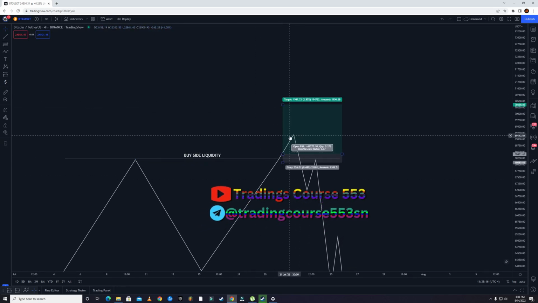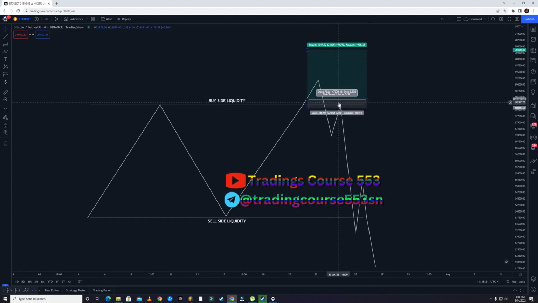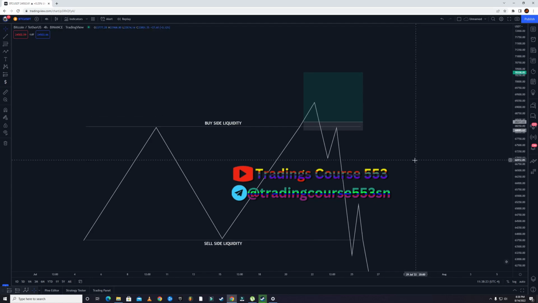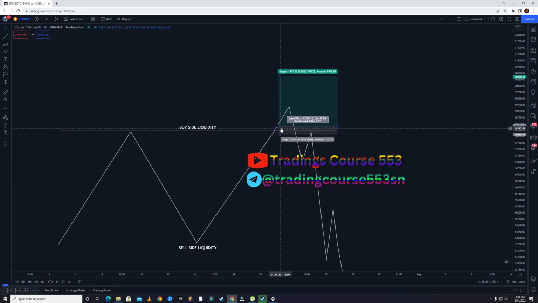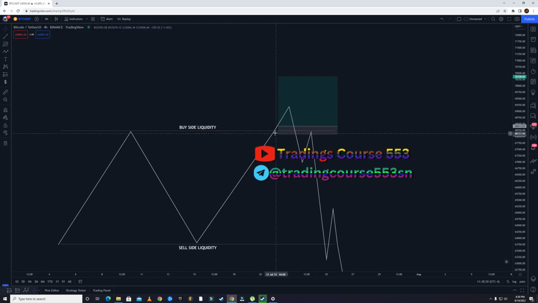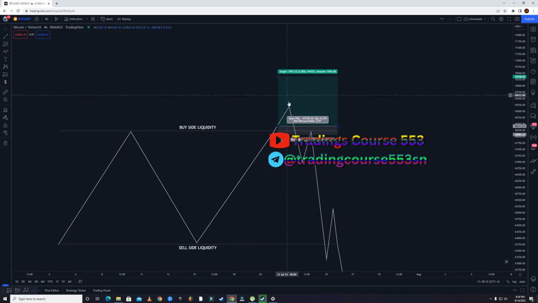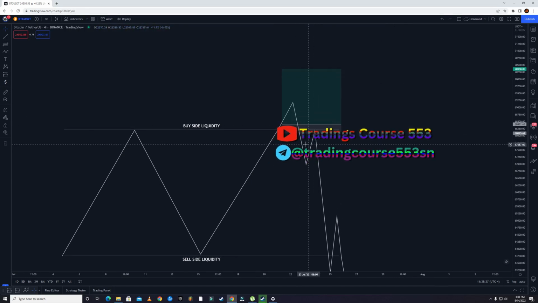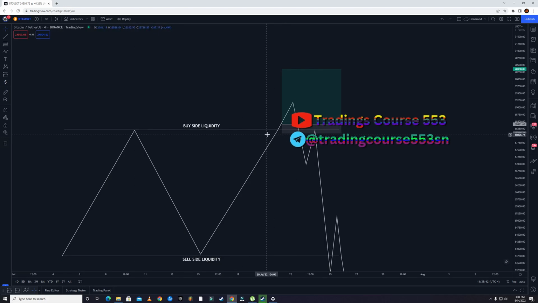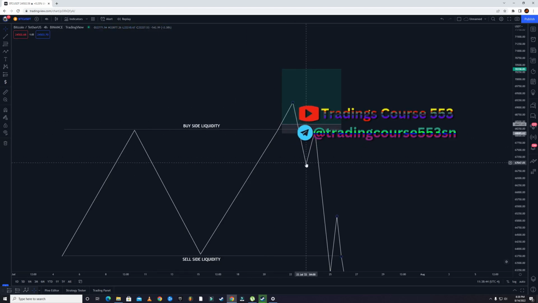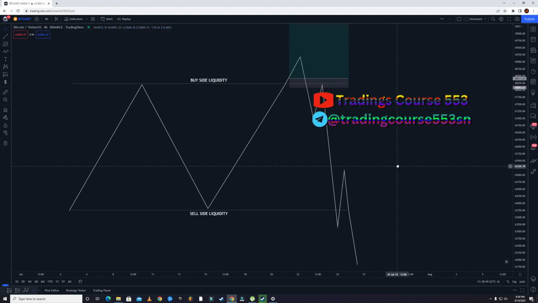People who went long on the breakout got stopped out as well. And as you can see, price would go right down. This is why I call it buy side liquidity, because people are going to buy when the price breaks out of the resistance level. They put their stop loss below this resistance level, and price goes back down, triggers sell orders or stop loss orders, and it just goes down.